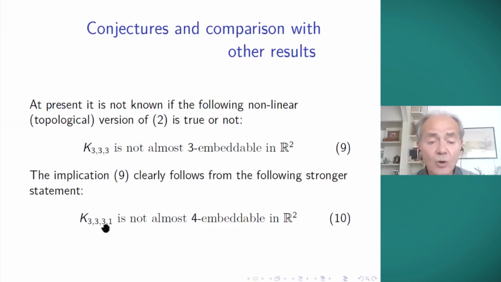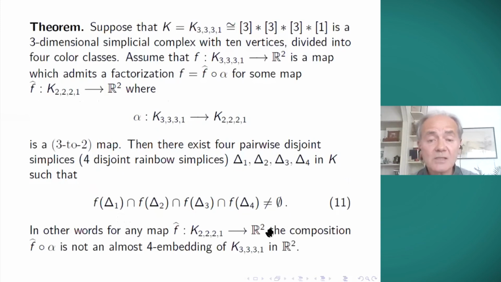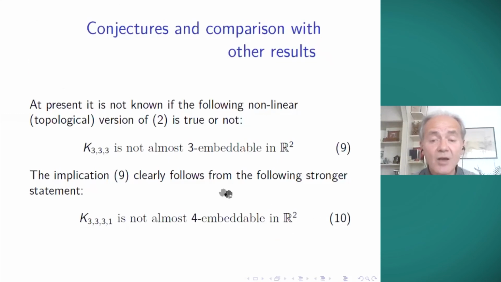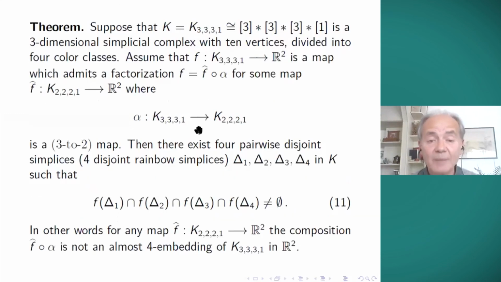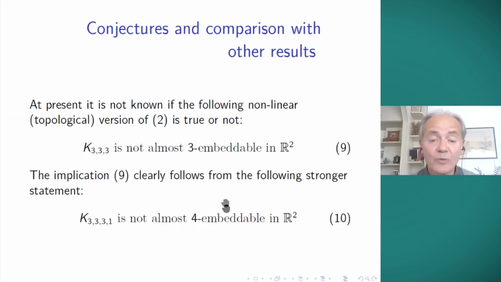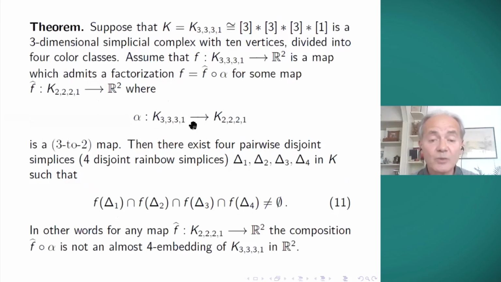And we don't know, this is a stronger result, I doubt that it is true, that K3331 is almost 4-embeddable in the plane. We don't know that. And this is a similar statement which is a corollary of our result, which proves this result for very special maps. So we cannot prove it, we think this is not true, but we can prove it for some special class of maps.